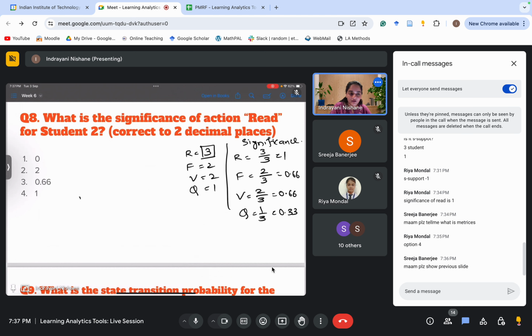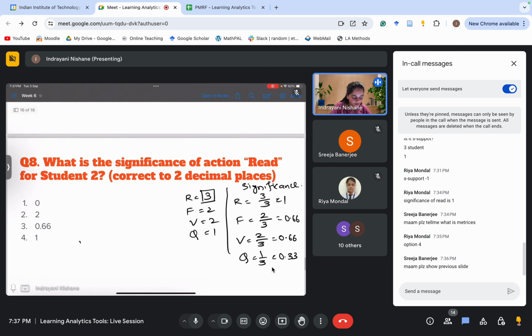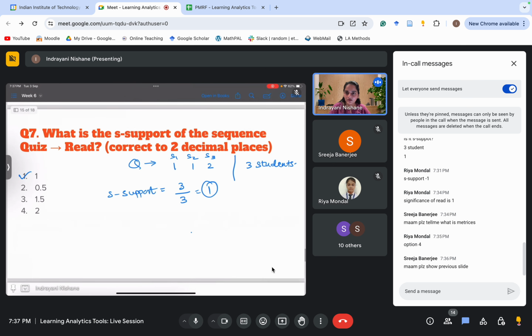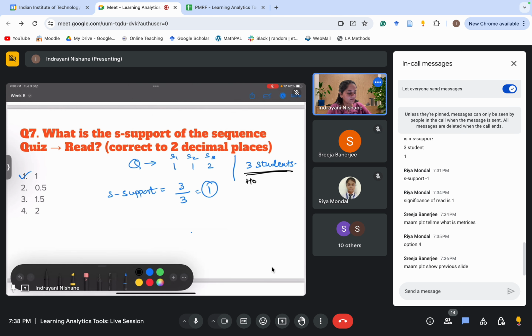Okay, previous slide, you want this slide, question 7, Shrija? Yes, ma'am. So here we counted for how many students this particular pattern has occurred.